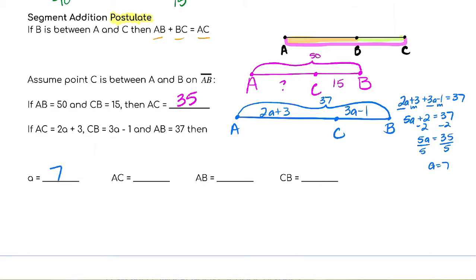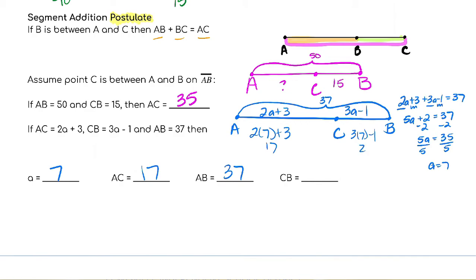They want AC, so we're going to have to plug in the 7. So that would be 2 times 7 plus 3. That's going to give me 17 for the length of AC there. For the length of AB, well, that was actually given to us in the problem, 37. And CB is going to be 3 times 7 minus 1.